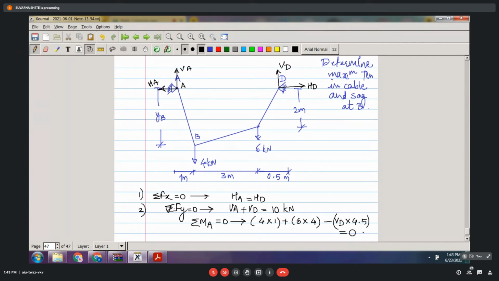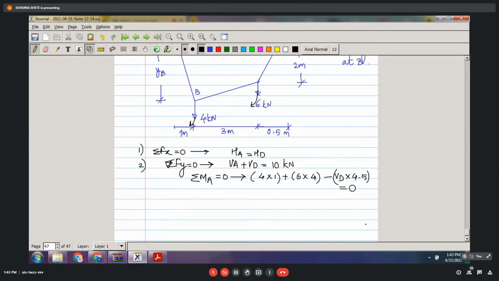Did everyone understand the equation? This is 4 into 1, this is 6 into 1 plus 3, that is 4. Both are clockwise and VD anticlockwise. So minus VD into total distance, 1 plus 3 plus 0.5, that is 4.5.